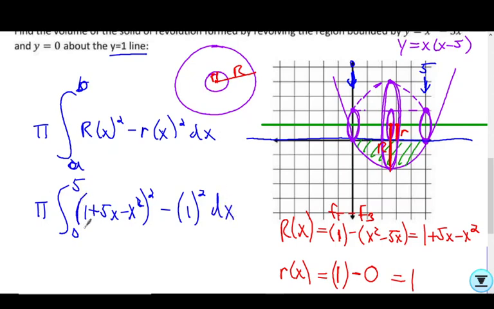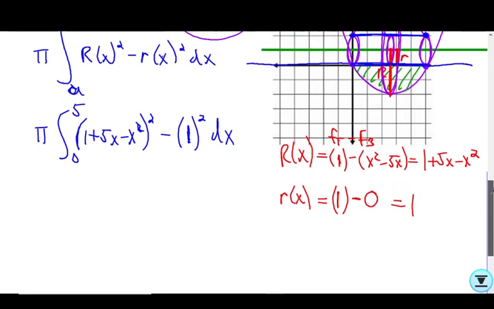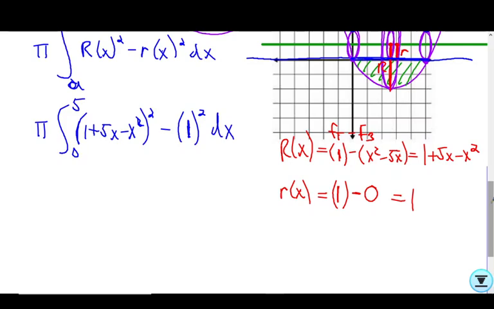Now, I do want you to realize that this inside right here, this hole, is basically nothing more than a cylinder being cut out right through the middle. It's a cylinder with a radius of 1 and a height of 5 being pulled out. So we can simplify this. We have to FOIL out our trinomial and then subtract 1.